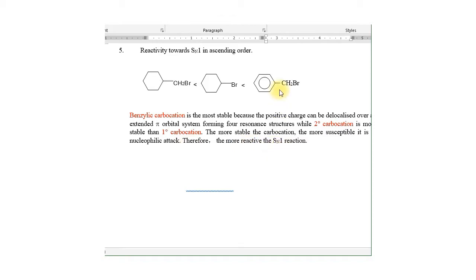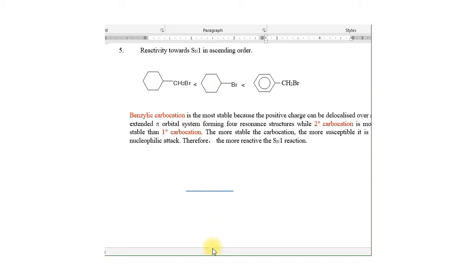So you have to take note, even though this is a primary haloalkane, because of the benzylic carbocation, this group is attached to the benzene ring. Compared to this bromine, even though it is secondary, it is just attached to a normal saturated hydrocarbon, cyclohexane. Always remember the benzylic carbocation is more stable.